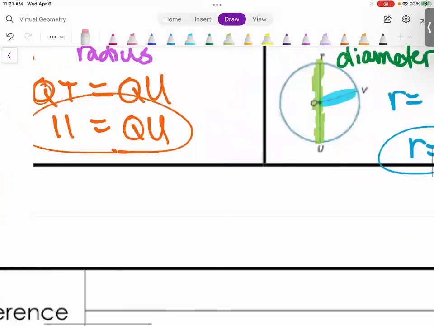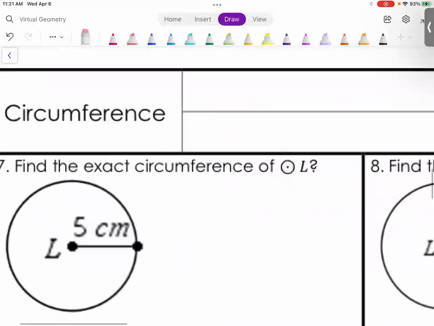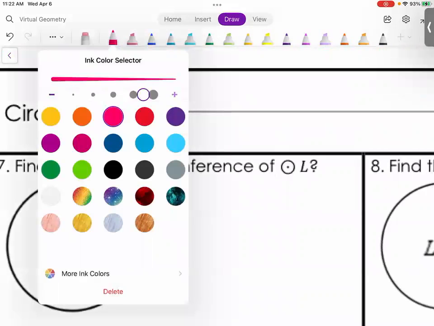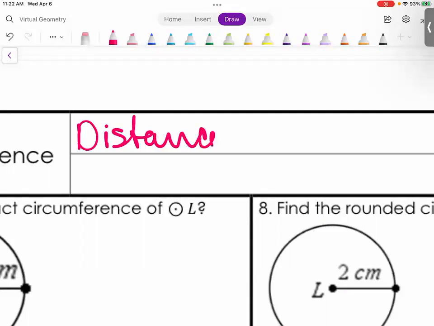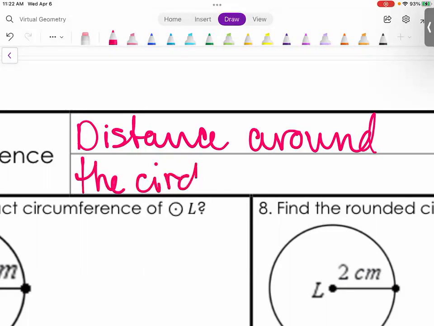All right, now let's work with our next piece, which is our circumference formulas. We already know that circumference is the distance around the circle's edge. And we've already worked with some formulas to find circumference.